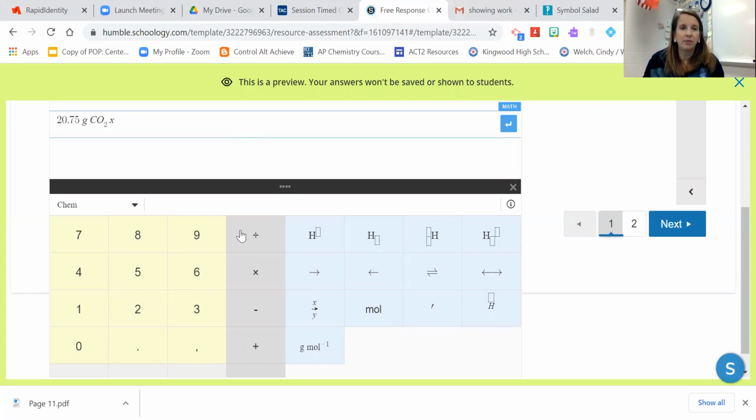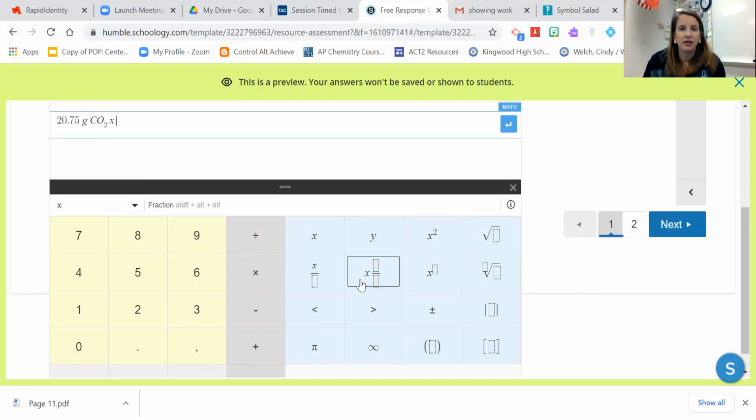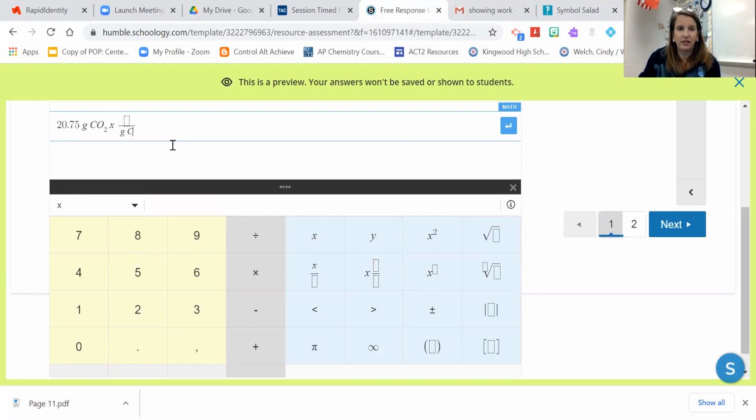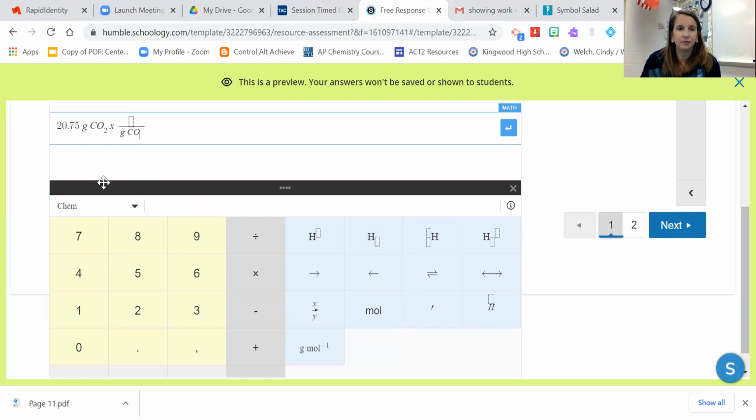We're going to multiply it by a conversion factor. So we're going to switch back to X here and choose this button here in order to get a conversion factor. We know that we're going to have grams of CO2 on the bottom. And how many grams are we going to have?